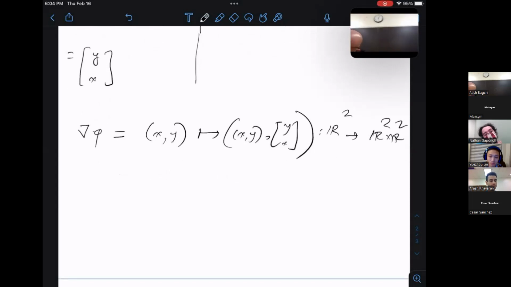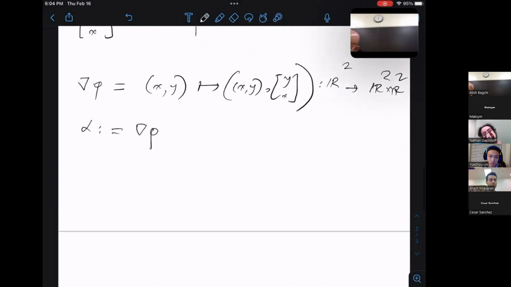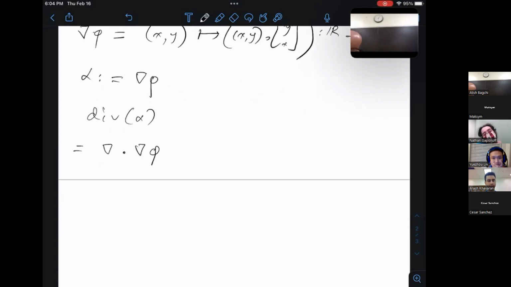So suppose I want to take the divergence of that. Let's define alpha to be del phi in the above. Divergence of alpha is equal to del dot del phi, which is equal to del x, del y.